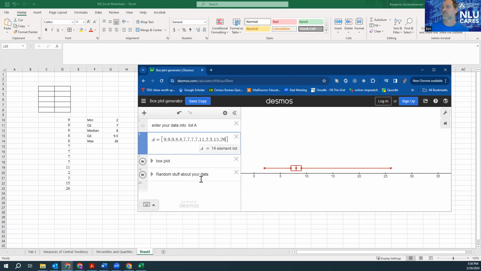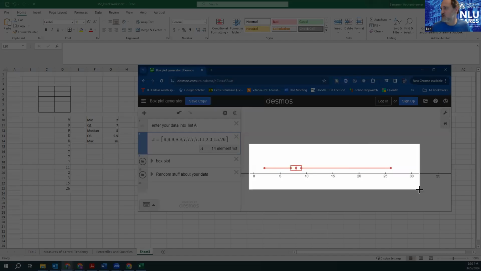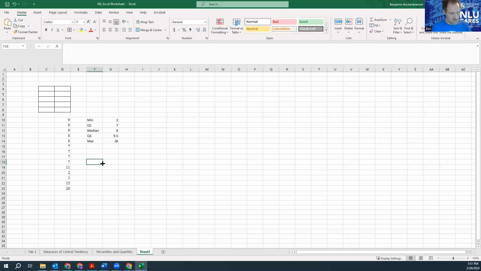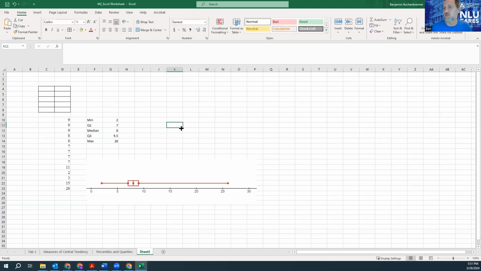There we go. And there is my box plot. So now I'm going to take a little screenshot here. And I'm going to paste it directly in to here. So there, I've done my 5-number summary and I've done my box plot.